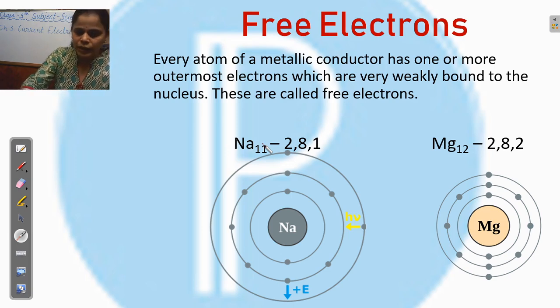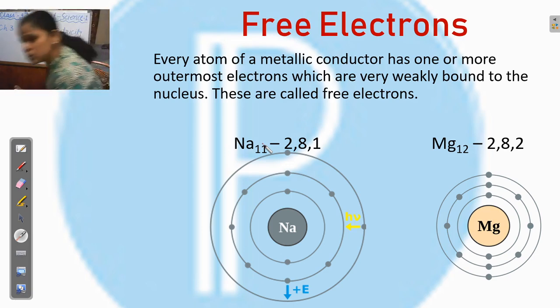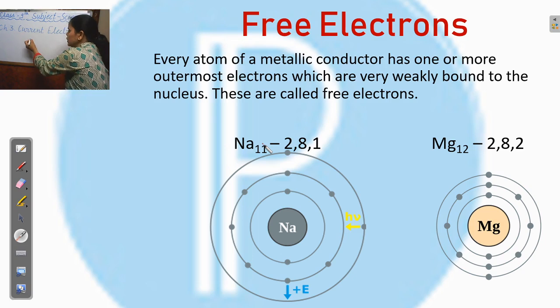In the first orbit, there must be a maximum of 2 electrons. In the second orbit, a maximum of 8 electrons, and in the third orbit, 2, 8, 18 and so on.